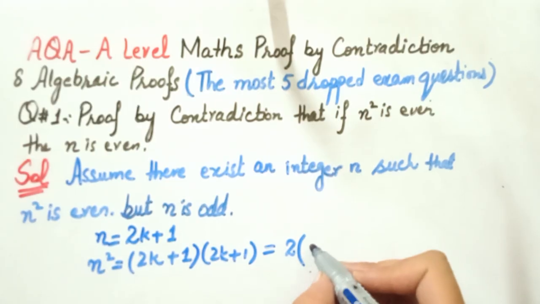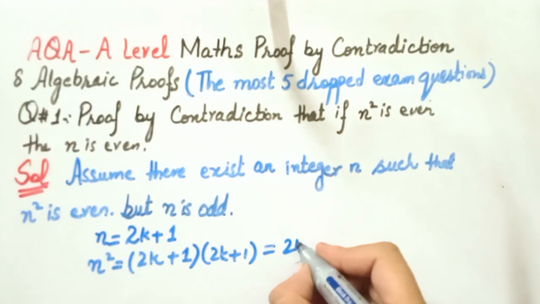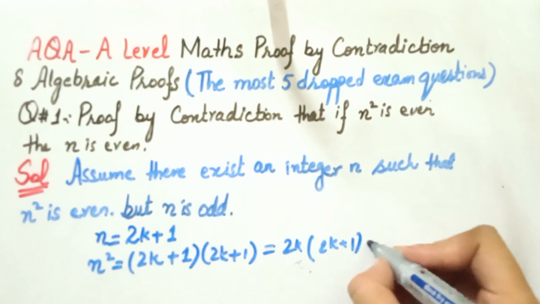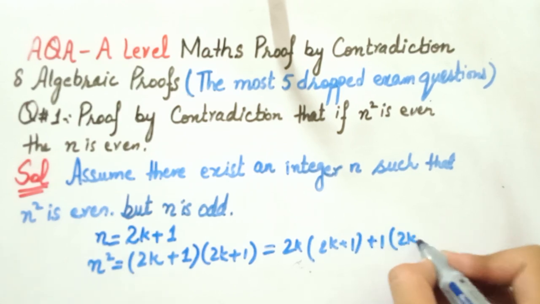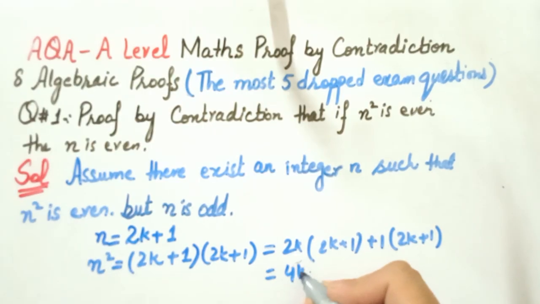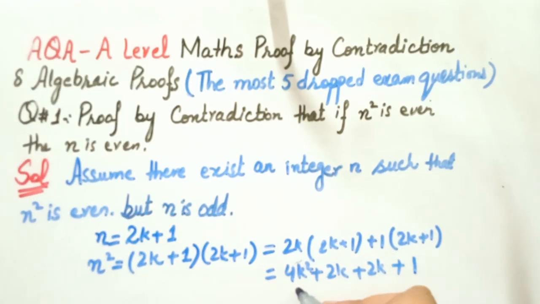First of all multiply this: 2k into 2k plus 1 and plus 1 into 2k plus 1. We get 4k square plus 2k plus 2k plus 1. Then we will write 4k square plus 4k plus 1.